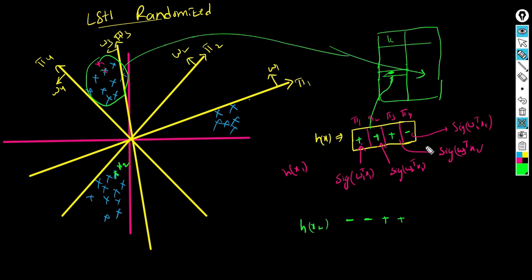Similarly, a new query point came, and here also we will get signs. That means here we will get negative, negative, positive, positive. This way we have a group of points stored here.